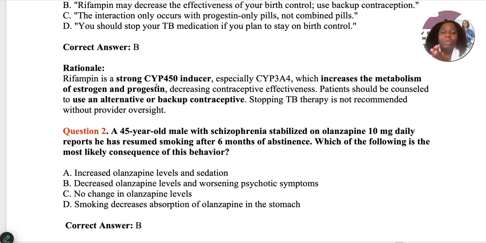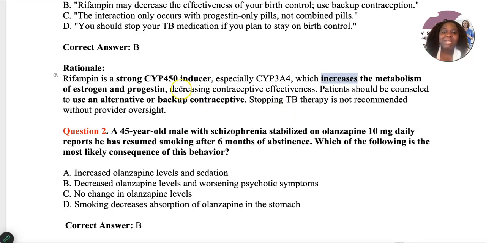Rifampin is a strong CYP 450 inducer, especially CYP3A4, which increases the metabolism. Don't forget, the words increase and decrease are used in different ways. So this one is going to increase the metabolism, but it's going to decrease the efficacy. Am I making sense? So increased metabolism of the estrogen and progesterone means that it's going to leave the body very fast. It's going to break it down very fast.